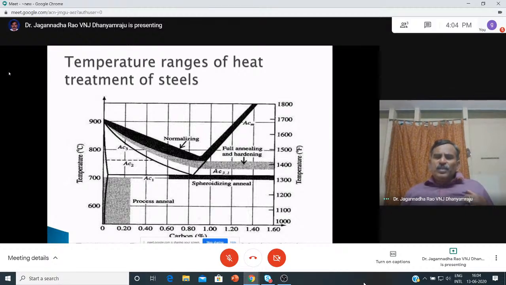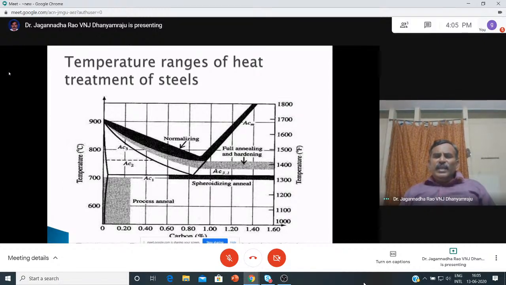Why? Because in the hypereutectoid steels, in this two-phase region, there is gamma and Fe3C. So when you heat steel into this region, the pearlite and cementite are dissolved to form gamma and cementite, right?